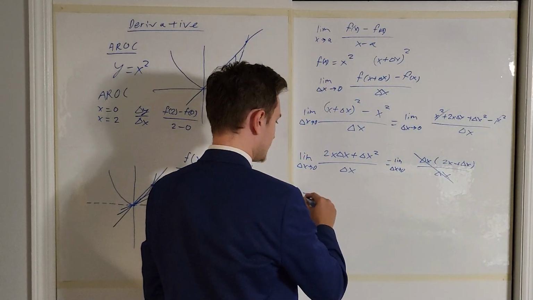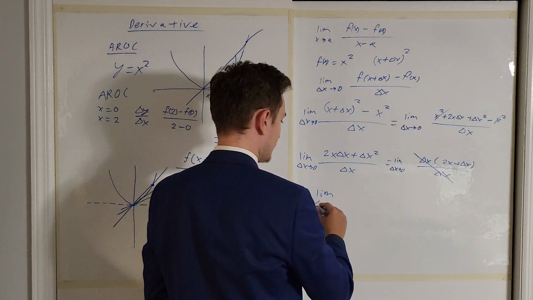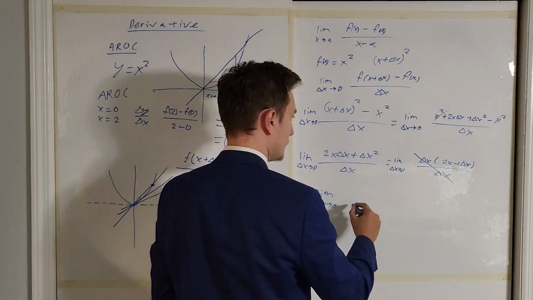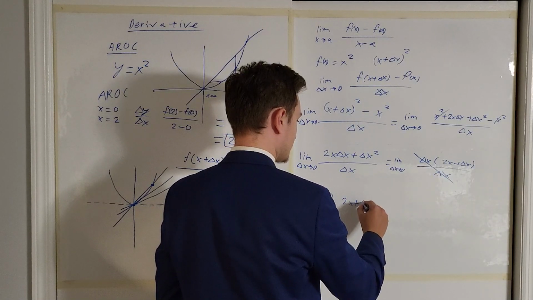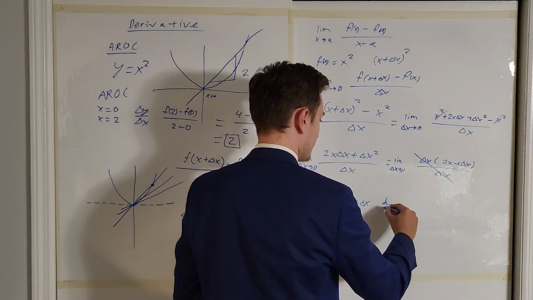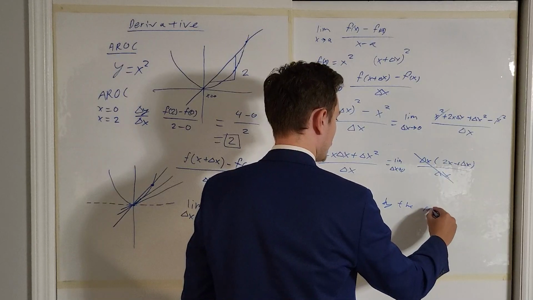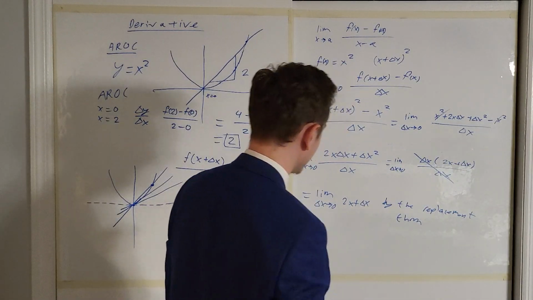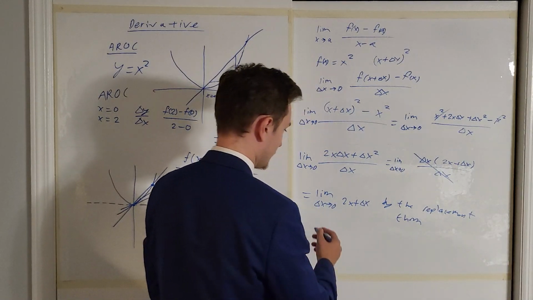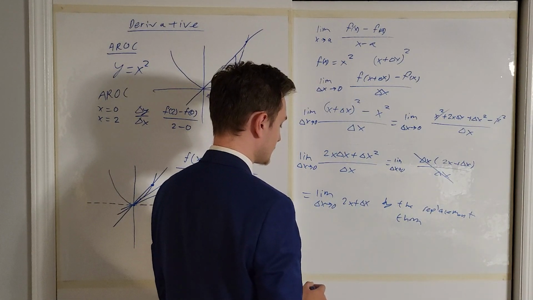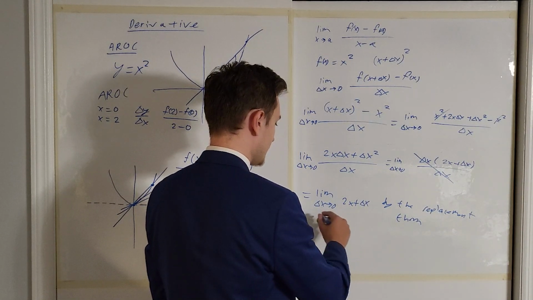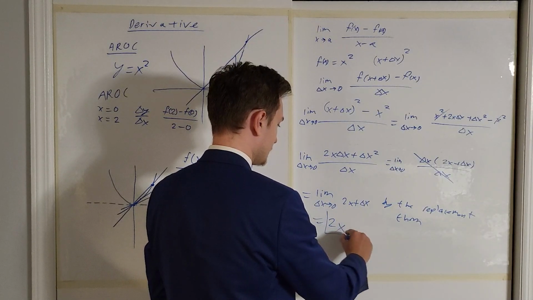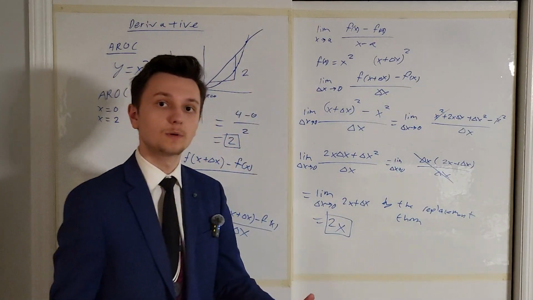And so now this is equal to the limit of delta x going to 0 of 2x plus delta x by the replacement theorem. Now let's try direct substitution. And we get the limit of delta x going to 0 of 2x plus delta x equals 2x. So there we go. I found my derivative.